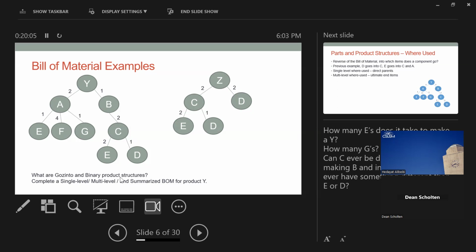Yeah, we need to do it for each path, because E appears two times.